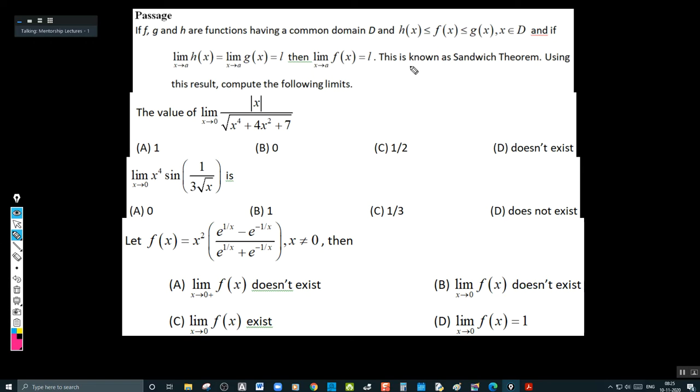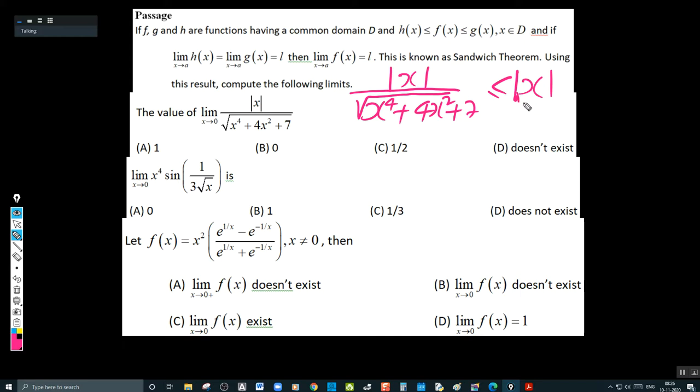Mod x divided by root over (x power 4 plus 4x squared plus 7) is always less than or equal to mod x, I can say.